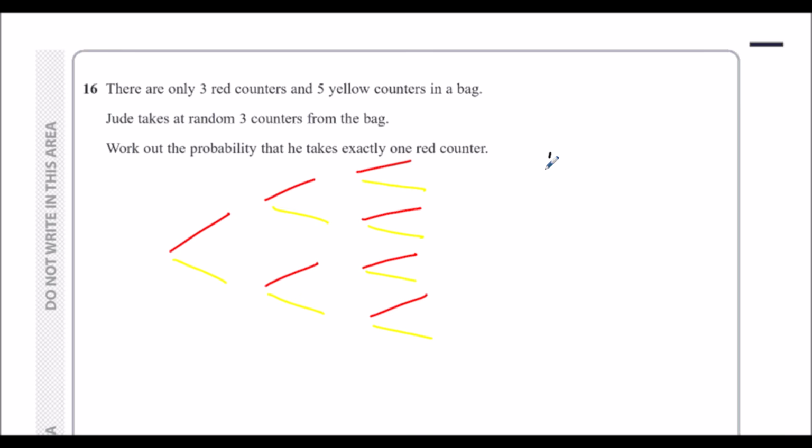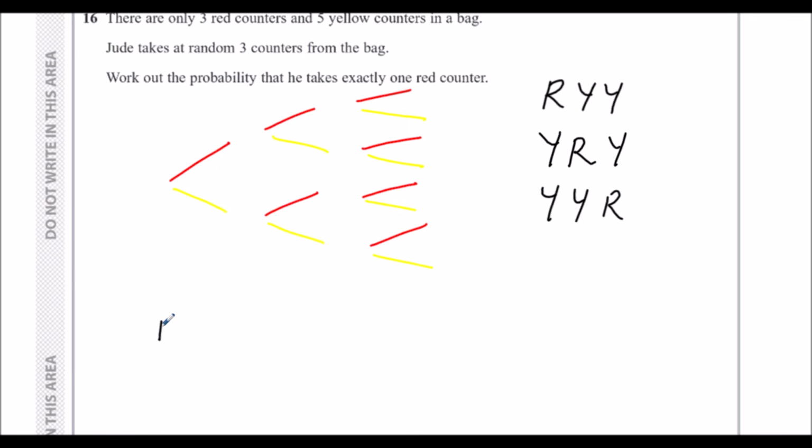So we can either get red, then yellow, then yellow, or yellow, then red, then yellow, or yellow, then yellow, then red. So there's only 3 combinations where we get 1 red counter, and we could work out the probabilities of each of these. So the probability of red, then yellow, then yellow. There are 3 red and 5 yellow to start with.